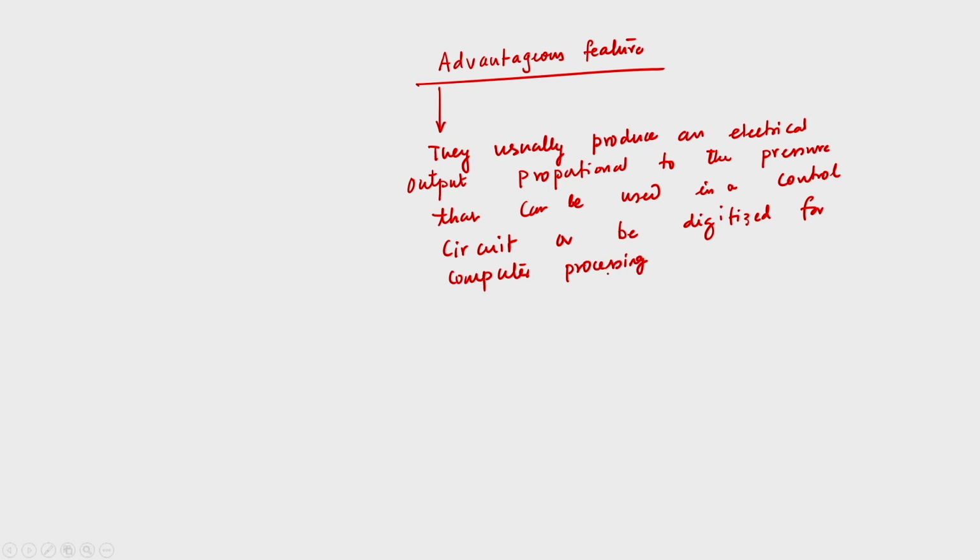So, this is the advantage these two gauges have: they usually produce an electrical output which is proportional to the pressure, that can be used in a control circuit or be digitized for computer processing.